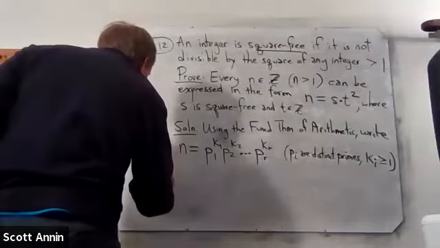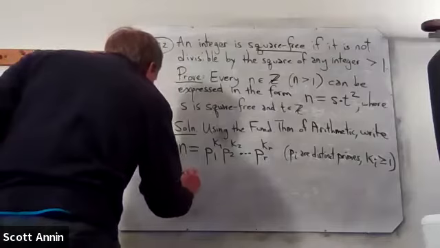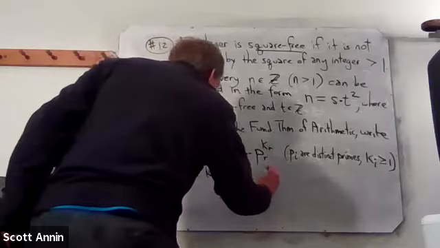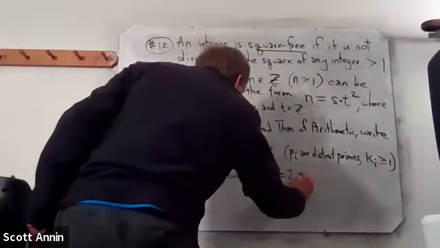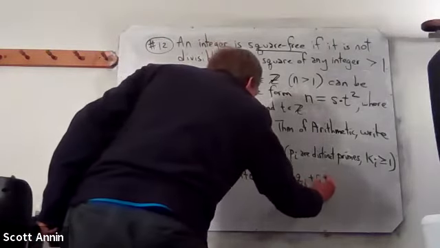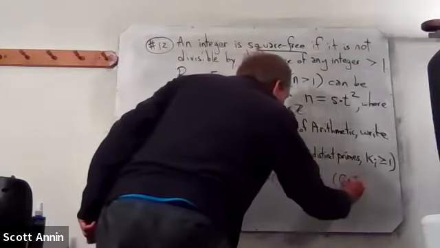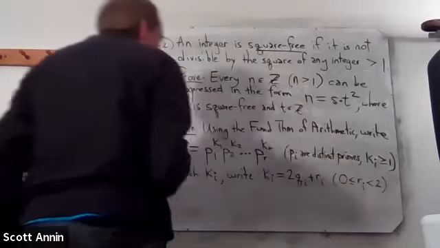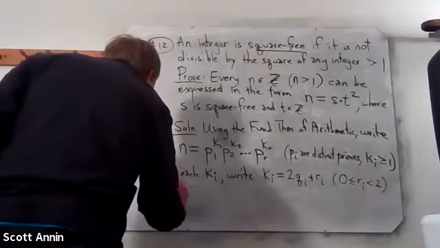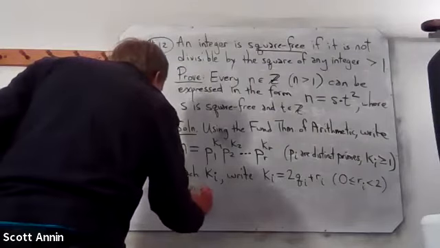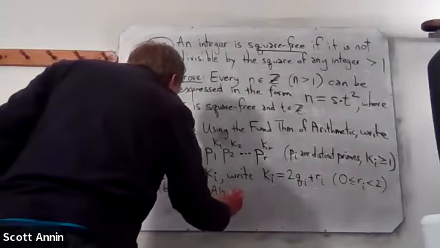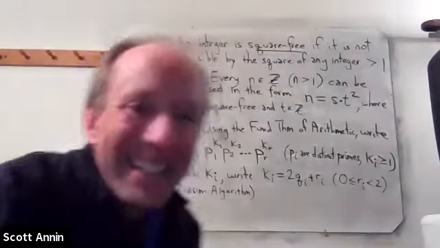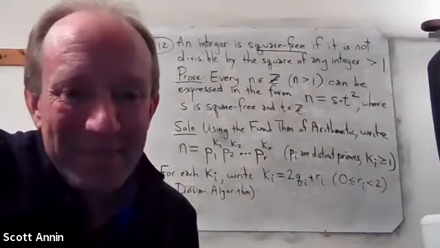What I can do is for each k sub i, I'm going to write k sub i is equal to 2q sub i plus r sub i, where r sub i is 0 or 1. This is by the division algorithm. So by the division algorithm, I can take those exponents and split them like that.